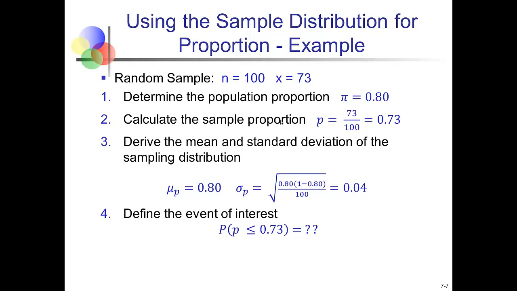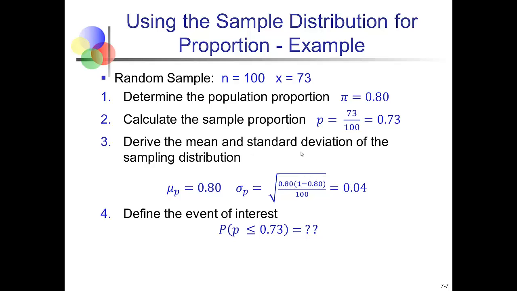So pretend that we know that, and that population proportion is 0.8. Calculate the sample proportion. Our sample proportion is x, or 73, divided by n, which is 100, or 0.73. So we know 80% of the population contains this attribute. 73% of our sample contain this attribute.